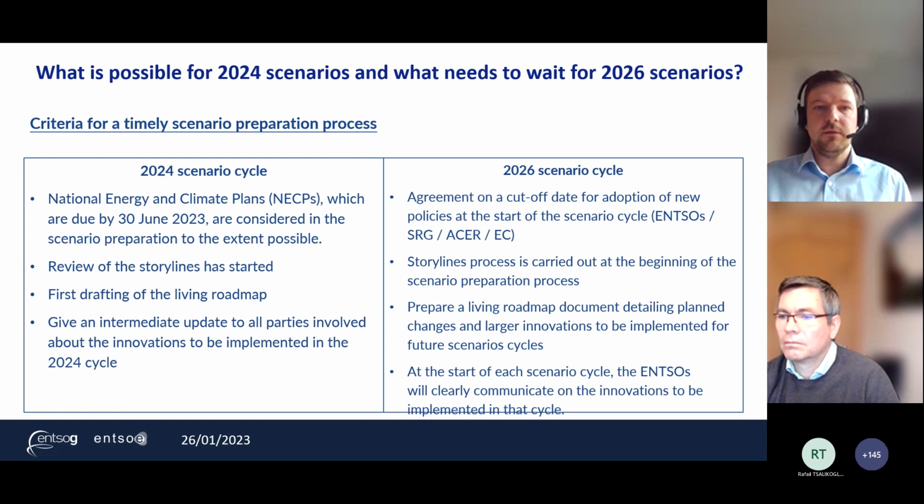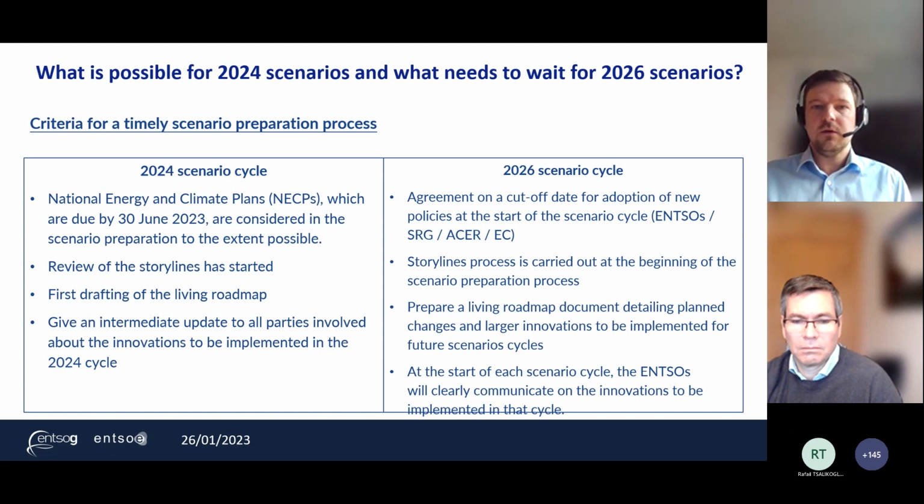Then looking at the 2026 cycle, what we can do, of course, and will do together with the stakeholder reference group, with ACER and with the Commission, is to discuss and agree on a cutoff date for the adoption of new policies at the start of the scenario cycle. This is an element that can be quite useful, avoiding discussions very late in the process.